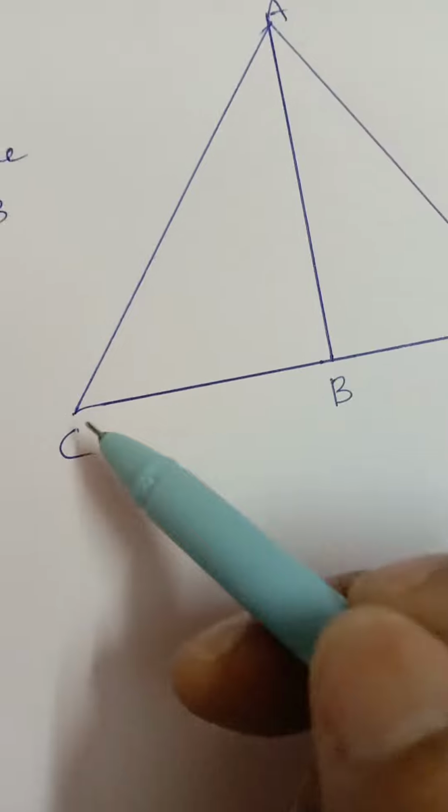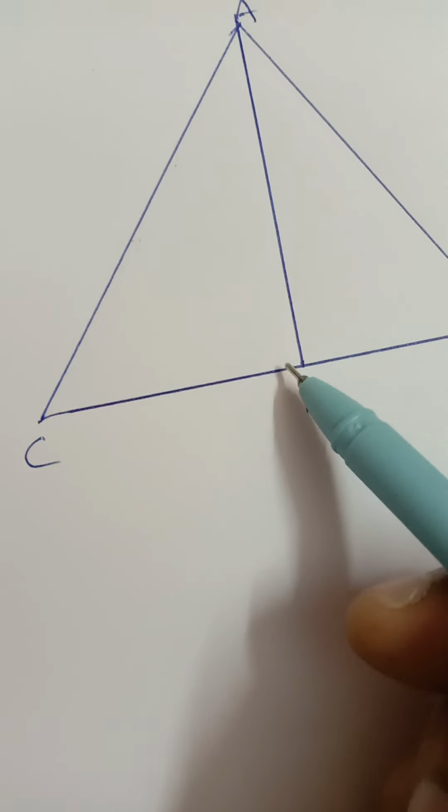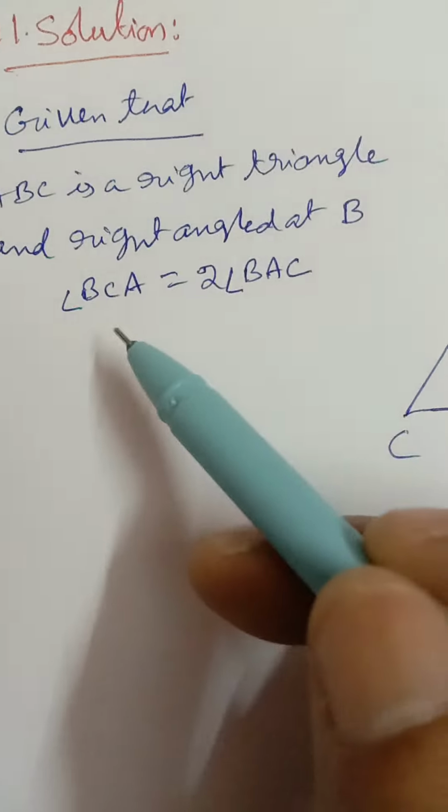ABC is a right angle triangle, angle B is equal to a right angle, and angle BCA is equal to 2 angle BAC.